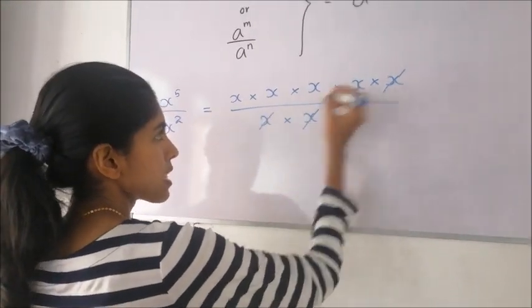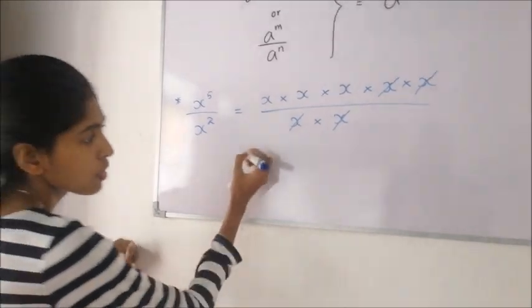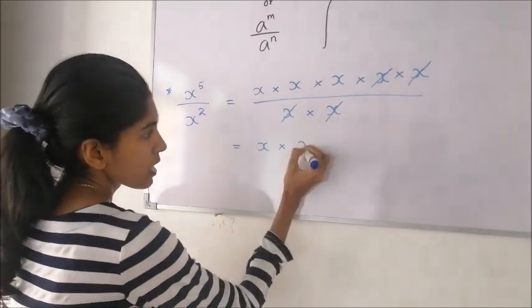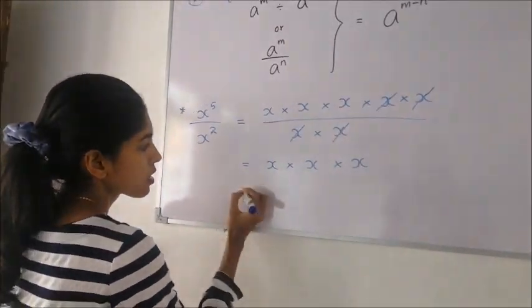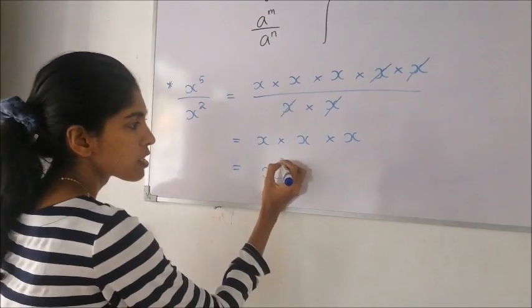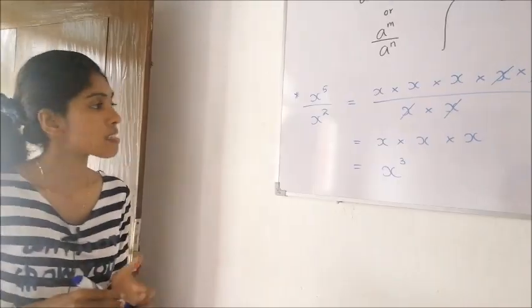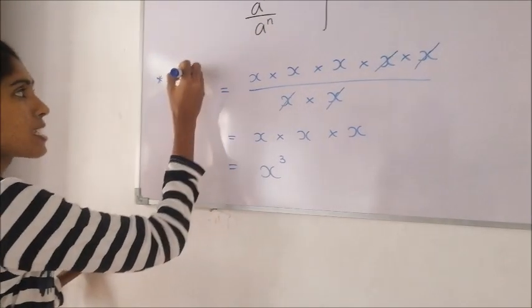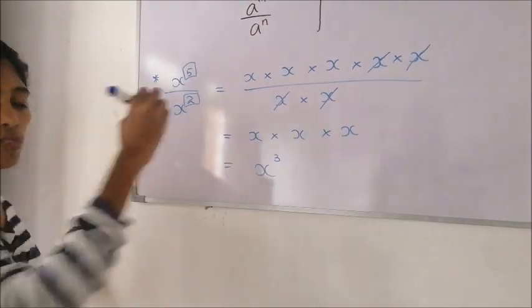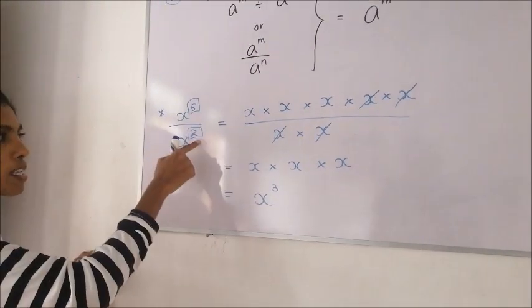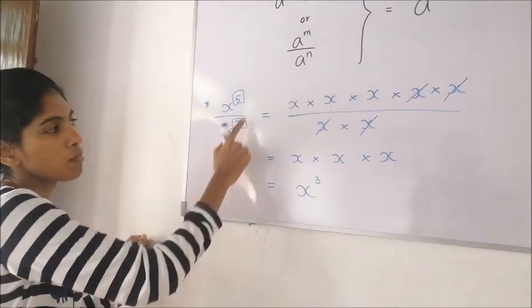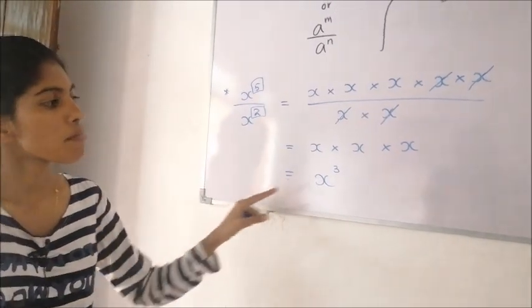Same terms can be cancelled out in division. Now, what is remaining? X into x into x. So, the answer is x to the power 3. Same answer can be obtained by subtracting these two powers, these two indices. From 5 when we subtract 2, from top one when we subtract the bottom one, same answer is coming.